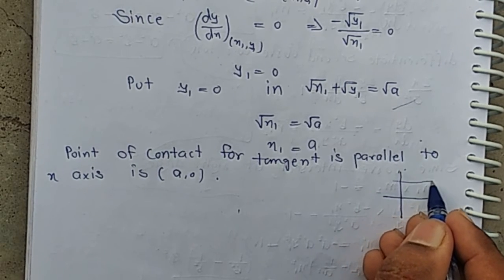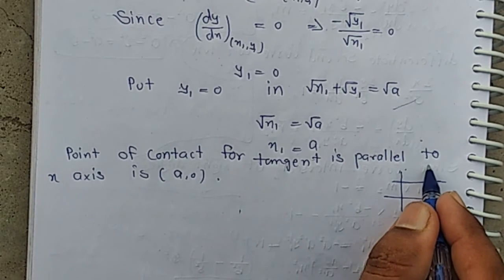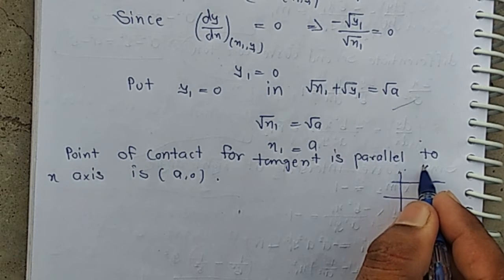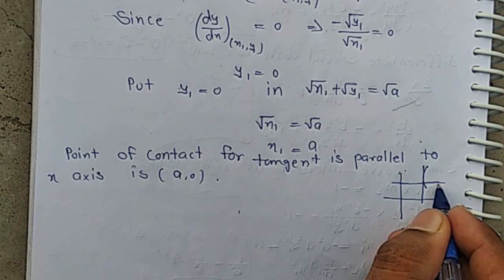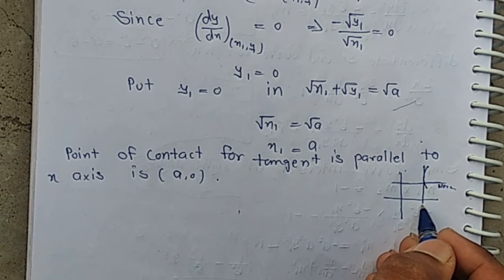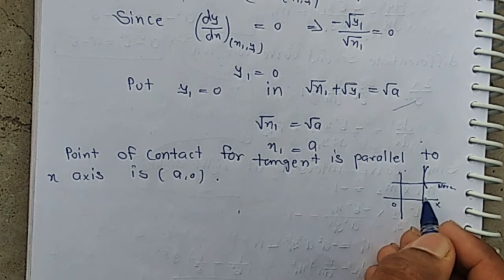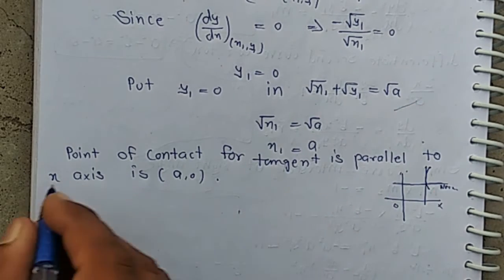Normal is parallel to x-axis. Then tangent is perpendicular to x-axis, or we can say tangent is parallel to y-axis.